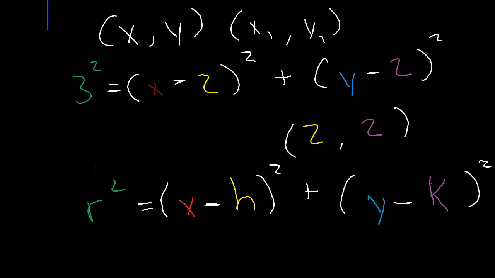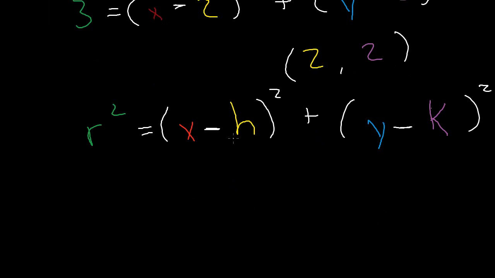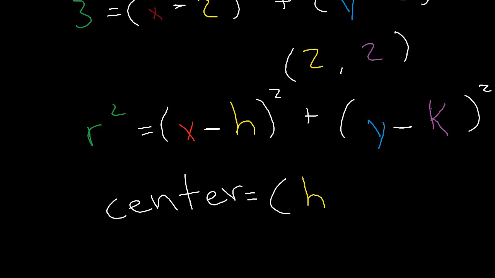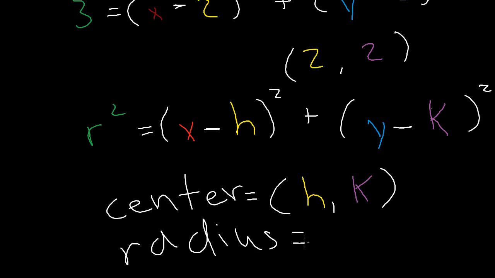So what this equation is saying is that the center of the circle is h comma k, and the radius is equal to r.